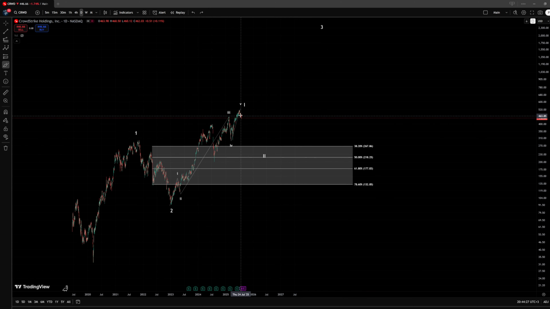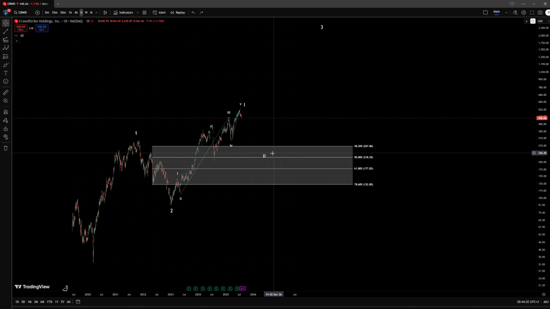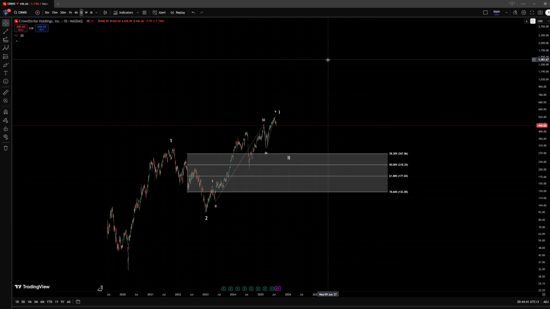We could reverse as soon as we touch it. At that point, the interpretation would be complete, the minimum expectations would be complete, and we could head directly into the third wave of this third wave to the upside.